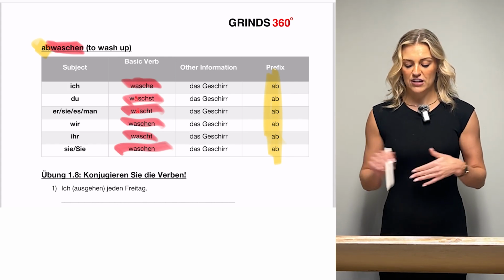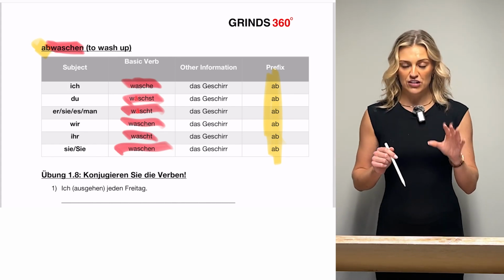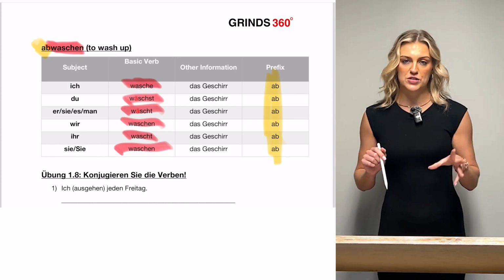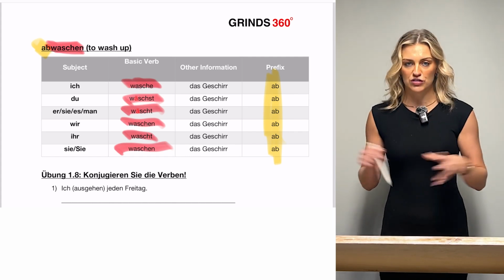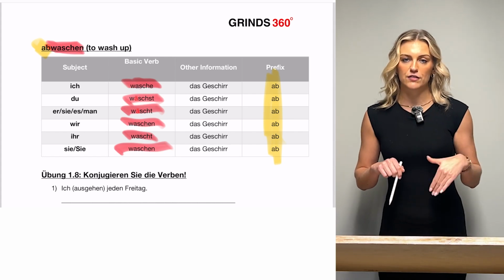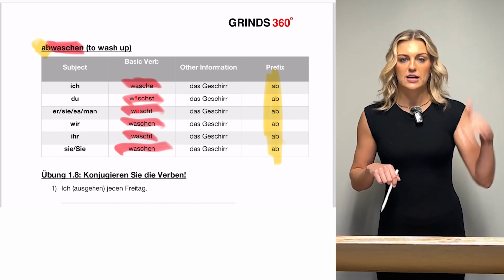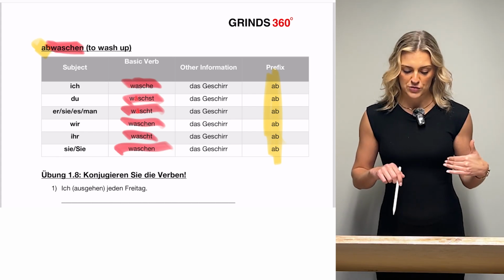So ich wasche das Geschirr ab, I wash up the dishes, du wäschst das Geschirr ab, sie, es, man wäscht das Geschirr ab, wir waschen das Geschirr ab, ihr wascht das Geschirr ab, sie waschen das Geschirr ab, Sie waschen das Geschirr ab, they, you formal, wash up the dishes.